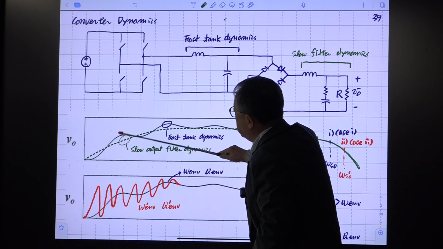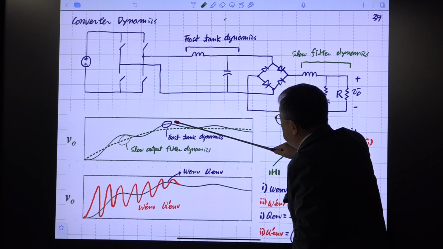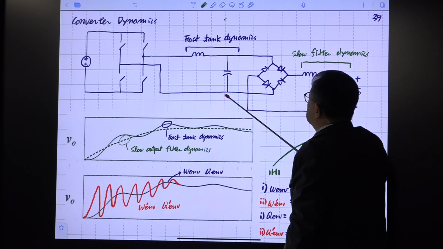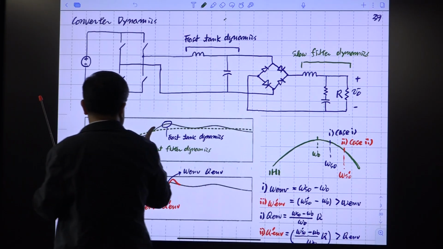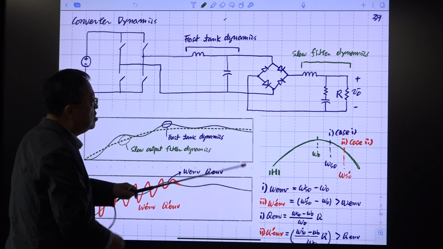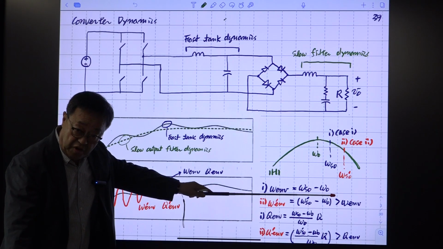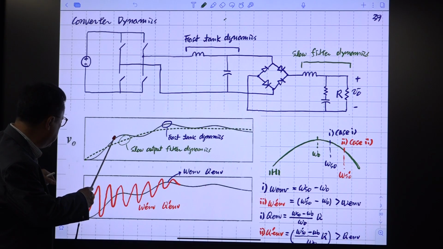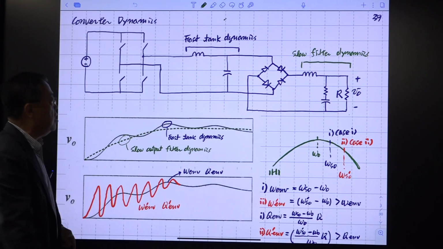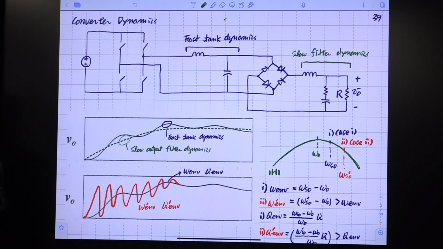Okay? On top of this, we have this beat frequency dynamics coming from this tank circuit dynamics. Right? So the frequency of this is related with this omega ENB frequency, and this peaking or oscillatory behavior is related with the quality factor of that double pole. All right.